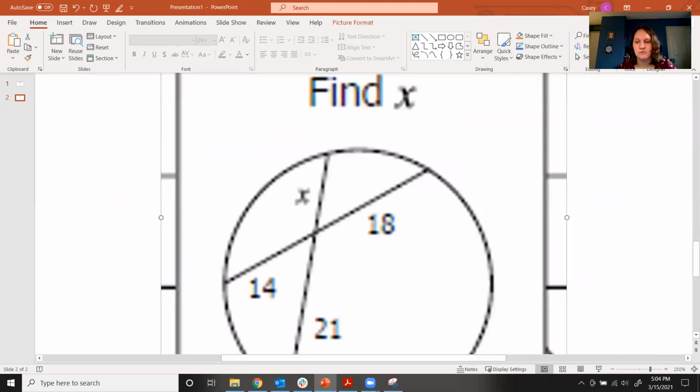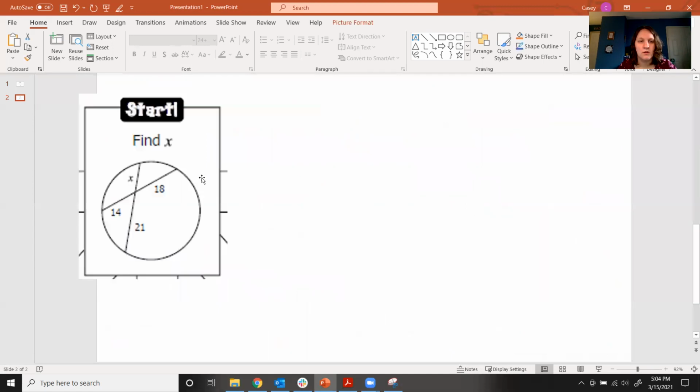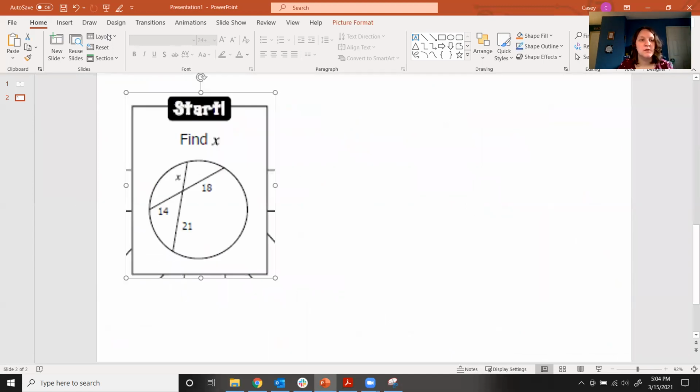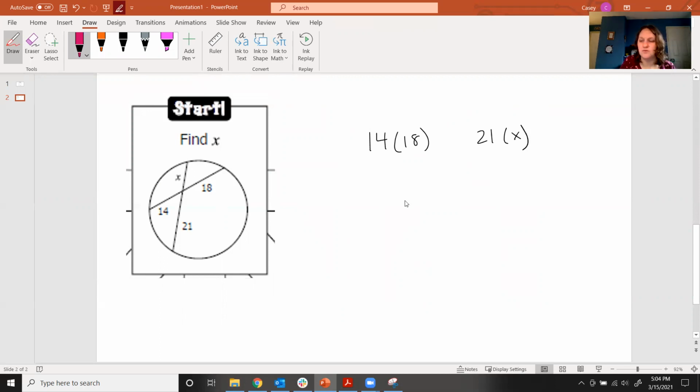Here it is. In this circle, we have two chords that intersect. The relationship says that you can multiply the two pieces together. So I'm going to take 14 times 18 and 21 times x. Those will be equal. And now we can solve for x.